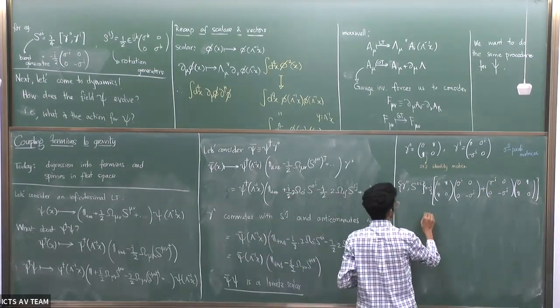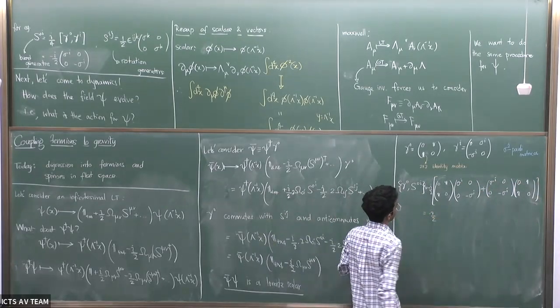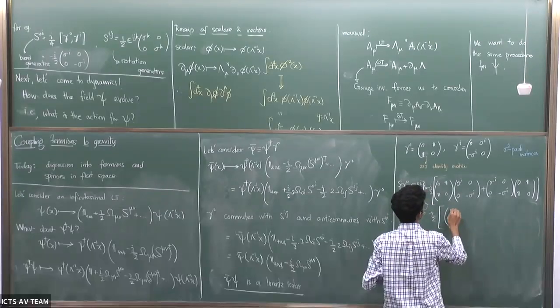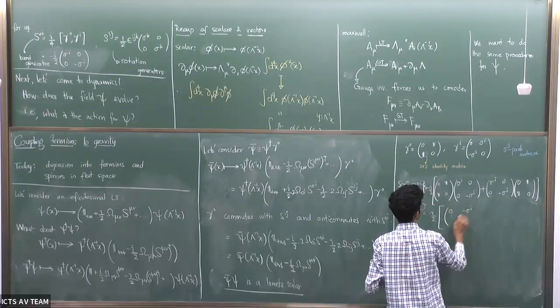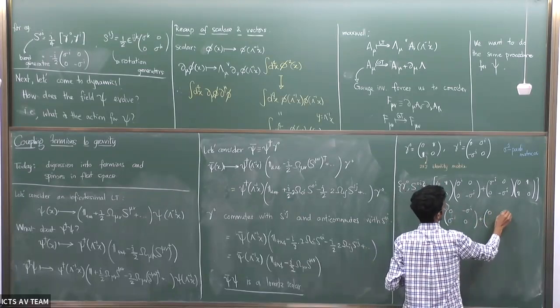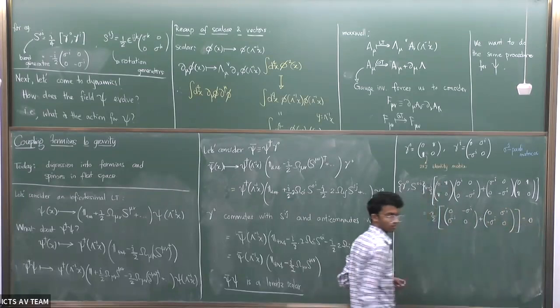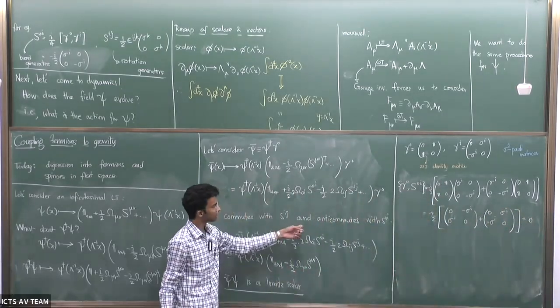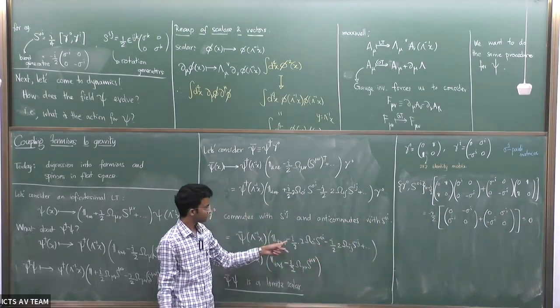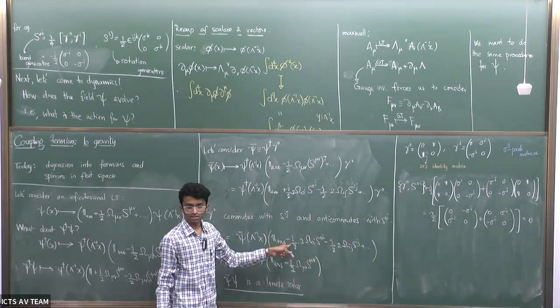Okay, and so this is minus half, 0 minus sigma i 0 plus 0 sigma i. I proved this statement that gamma 0 anti-commutes with S0i, that justifies that minus sign there.